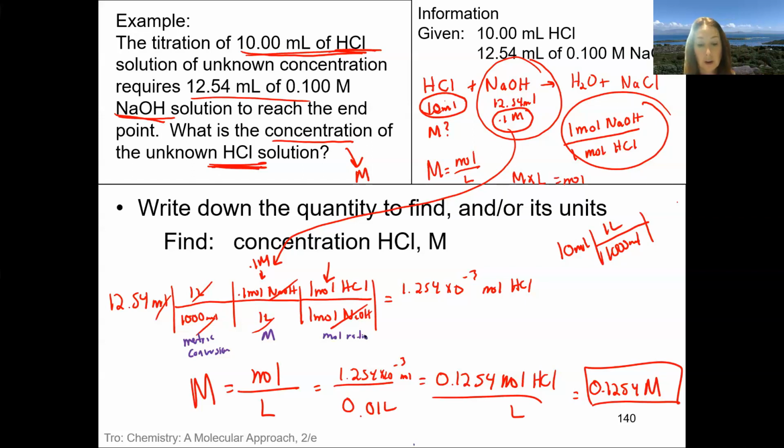And so we just put all those in one piece. Again, how did we get from one piece to another? We followed our units through, and we wanted molarity in the end, and molarity is moles over liter. So we got our moles here, moles over our liters. And you can do this all in one step too. I just broke it up because sometimes people feel a little overwhelmed when I put it in one step.